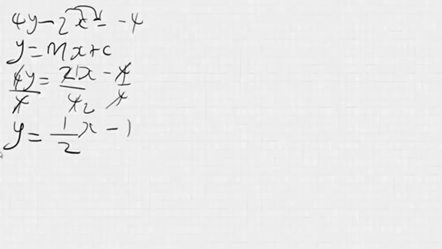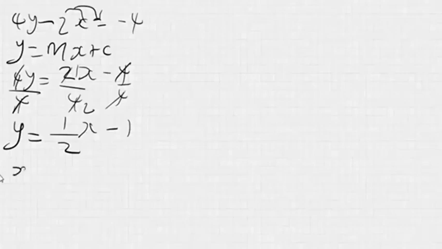From here, in this question, we are not given the values of x. When you're not given the range of x, it is expected that you should provide your own range of x, of which I recommend using a range from 0 to somewhere around 8. So that's the range you're going to make use of.